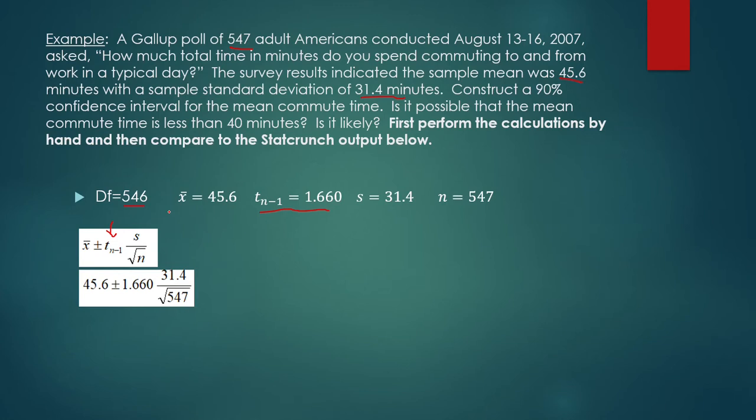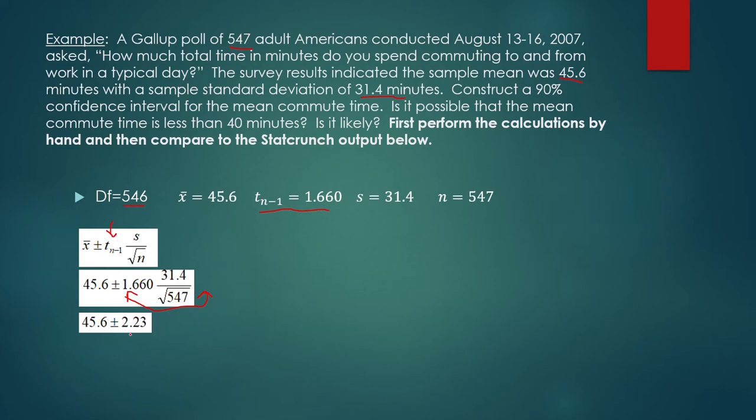This gives us 45.6 plus or minus 1.660 times 31.4 divided by the square root of 547. I want to simplify the right side of the plus or minus first.